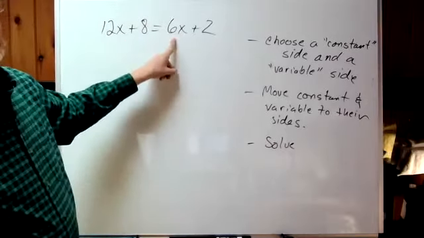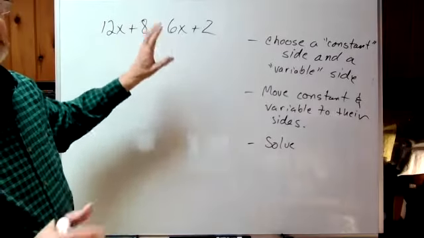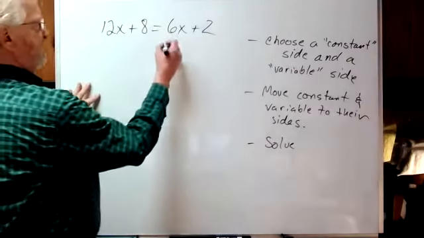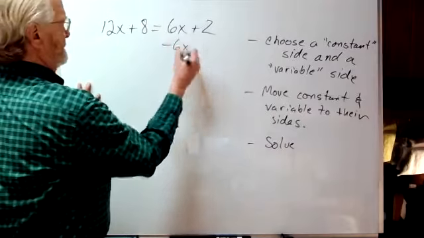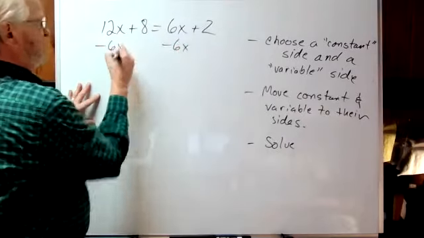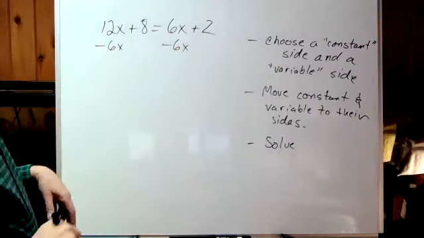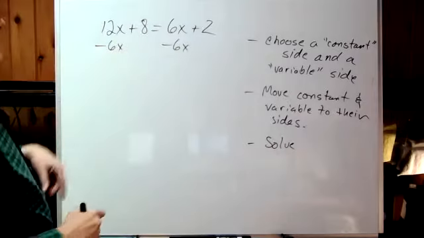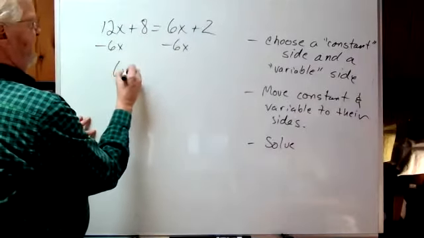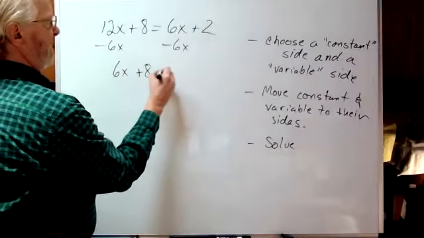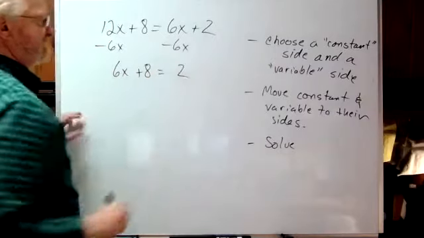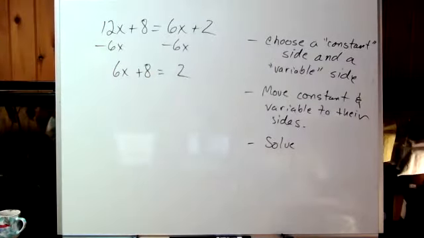Because I'm going to subtract these 6 x's. I'll do this in a couple steps. All right. So I'm going to subtract all the x's with the intent of moving them. Any remaining x's will be on the left here. So if I do that, I have 6 x's left. We haven't really done anything to the 8, and there's the 2 still there. All right, got the variables on one side.